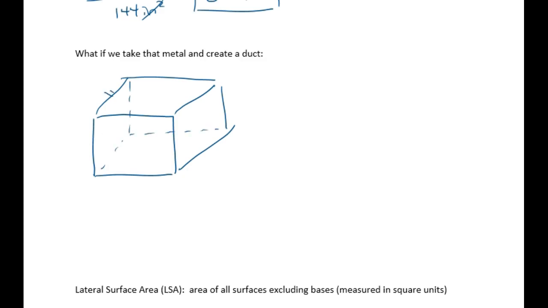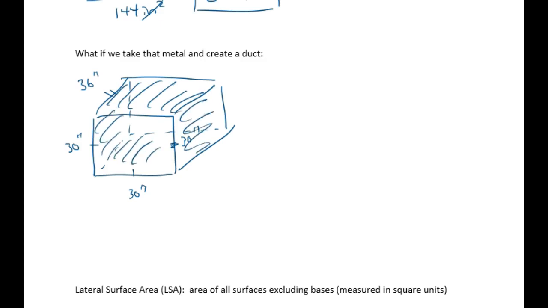So now we have 36 inches still as our length. And this whole part adds up to 120, so each of those parts is going to be 30 inches, 30 inches, 30 inches, etc. If we look at the actual metal, that's all around the outside. We're leaving two gaps at the end.